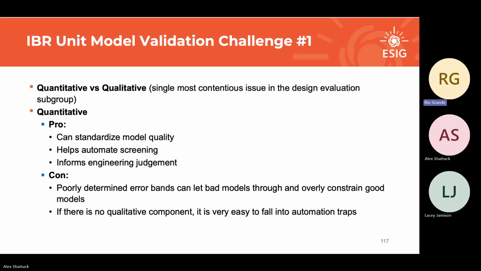The con is the big fear, which is totally reasonable: if you set the wrong error bands, you're going to overly constrain good models and really slow down interconnection. Take a large load example. I think it was a Canadian jurisdiction that put large load requirements in, but they had a very strict load variance requirement, which essentially means no one's going to connect.